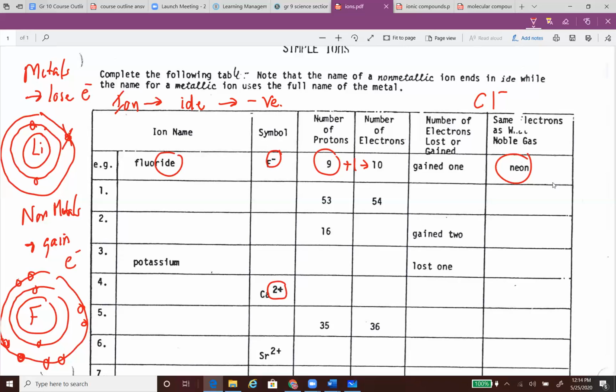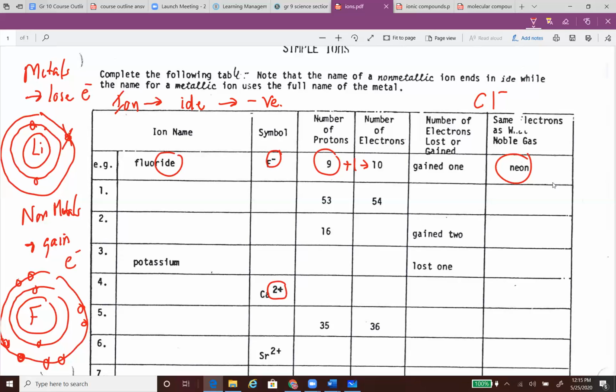It's very important. The reason why I'm saying that is because you can come across IDE endings, but it might not be an ion. That can make it a little bit complicated, but you'll deal with that in grade 10 or grade 11. So let's not worry about that right now. Let's look at the next example.